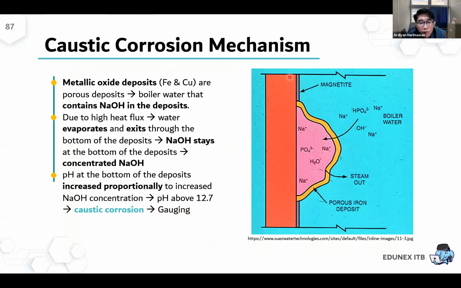Or the caustic corrosion, or we call it gouging corrosion. By the name, the corrosion happens due to the deposition of sodium hydroxide. So if the water contains sodium hydroxide, it can disrupt the protective layer of the metals. The sodium hydroxide sticks, and when the water is being heated, it will evaporate, right?